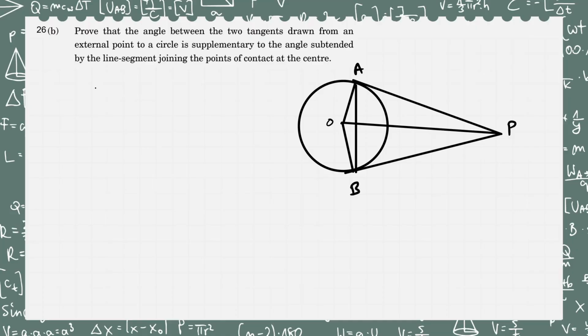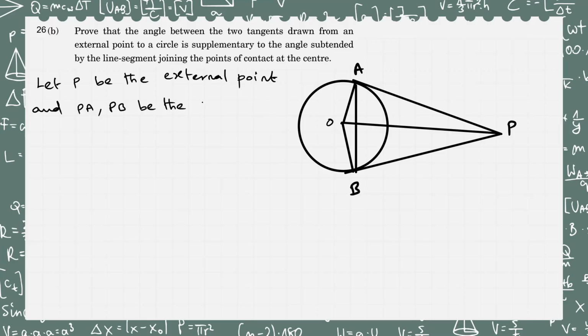So let P be the external point and PA, PB be the tangents drawn from P to the circle with the center O.